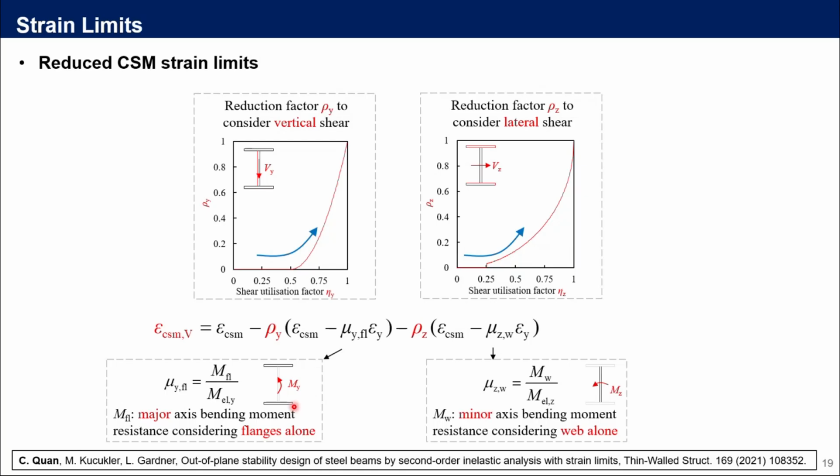So this is the underlying mechanism behind this equation. And this proposed equation to reduce the CSM strain limit, as well as these expressions for the reduction factors, have been included in the Eurocode and American Design Standard.